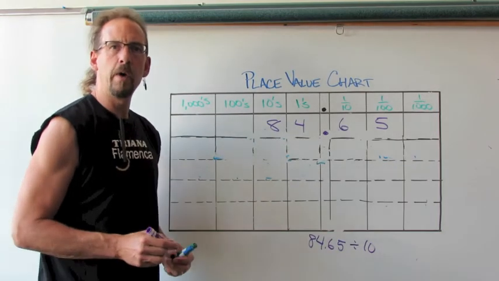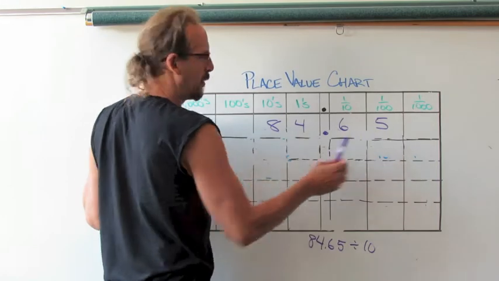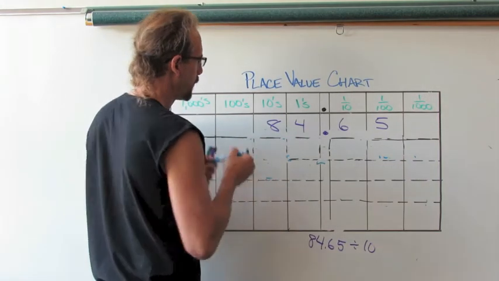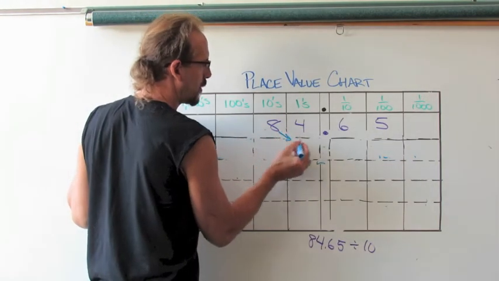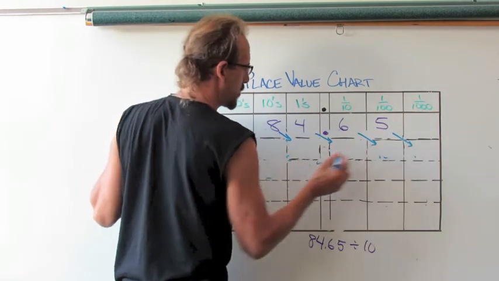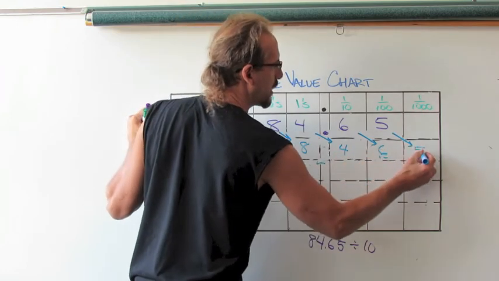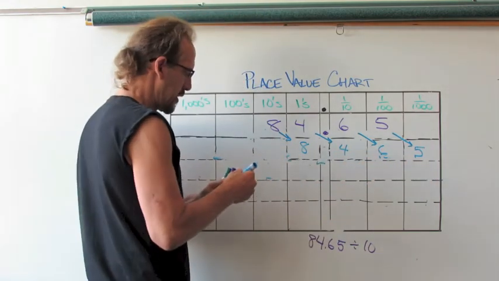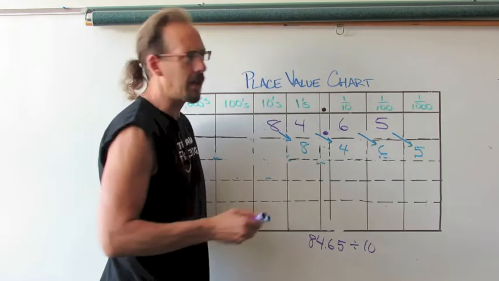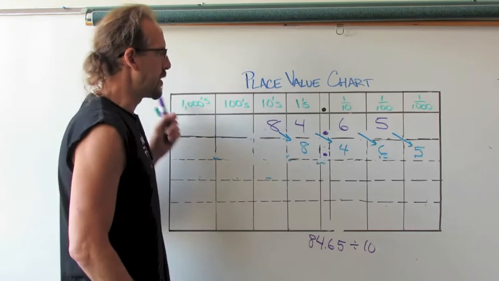And kids will learn that when we divide by 10, numbers move to the right one place. And again, we're going to use arrows to show the digits at first to help kids ground their thinking as they use the chart. Later, they will just automatically move numbers over using decimal points as the pivot point to do that.